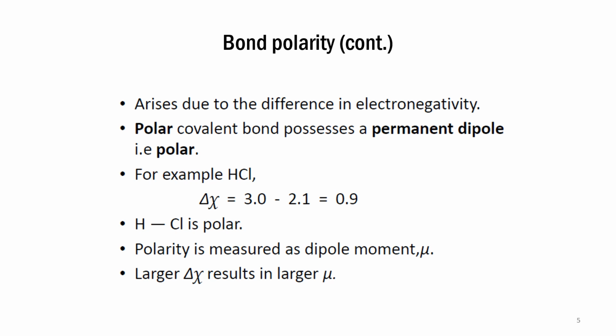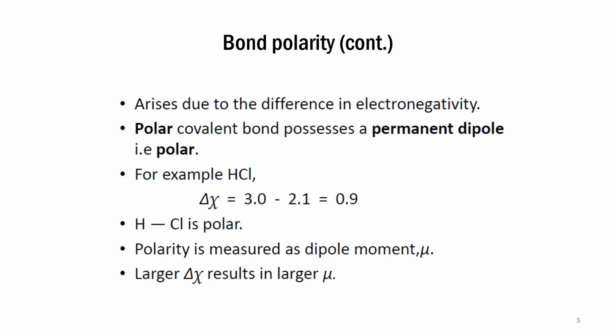So this bond polarity arises due to the difference in electronegativity. Polar covalent bond possesses a permanent dipole. So this permanent dipole, it is polar. For example, satu lagi adalah hydrogen chloride. So difference in the electronegativity in the hydrogen chloride, hydrogen 2.1 dan chlorine 3.0, dapat 0.9.